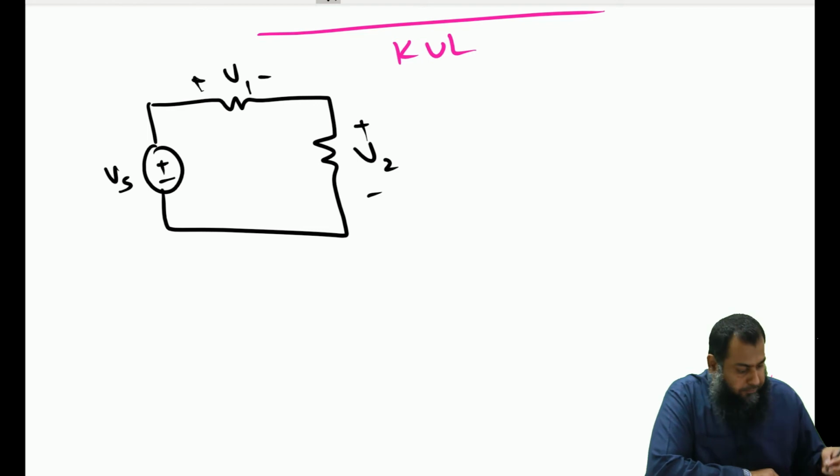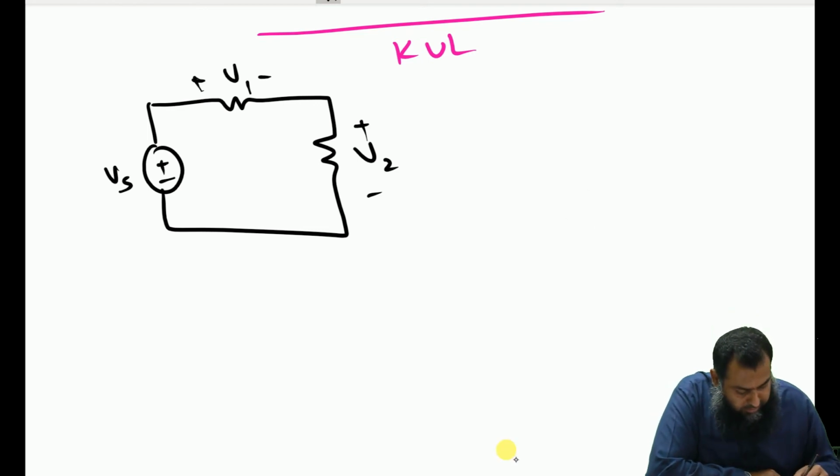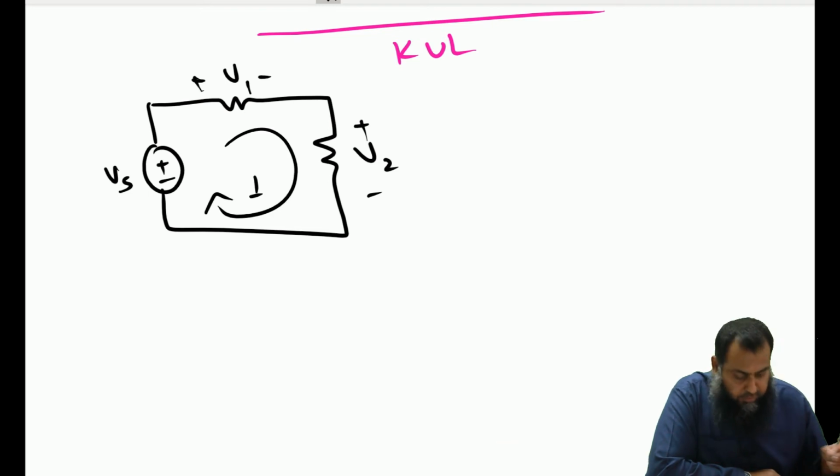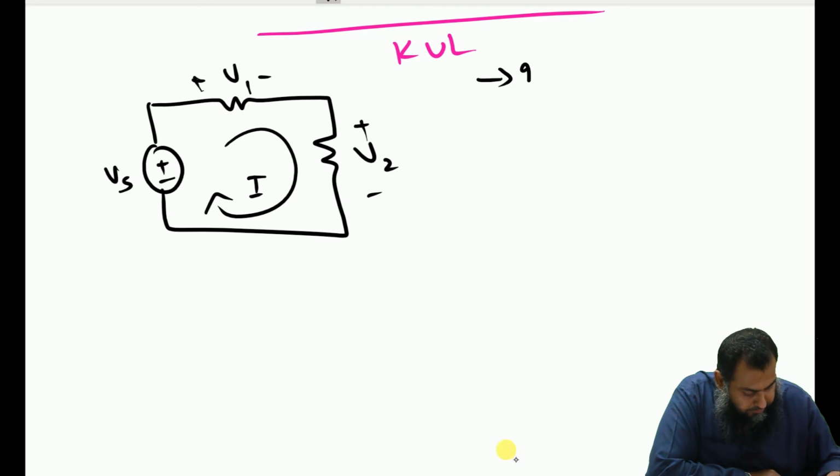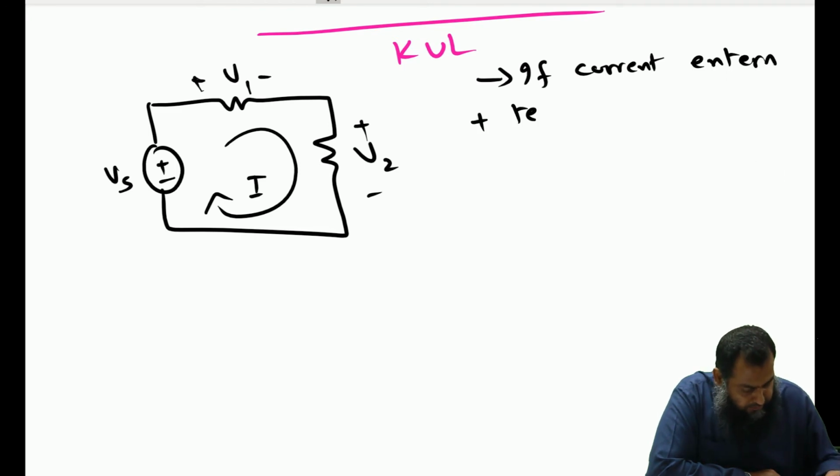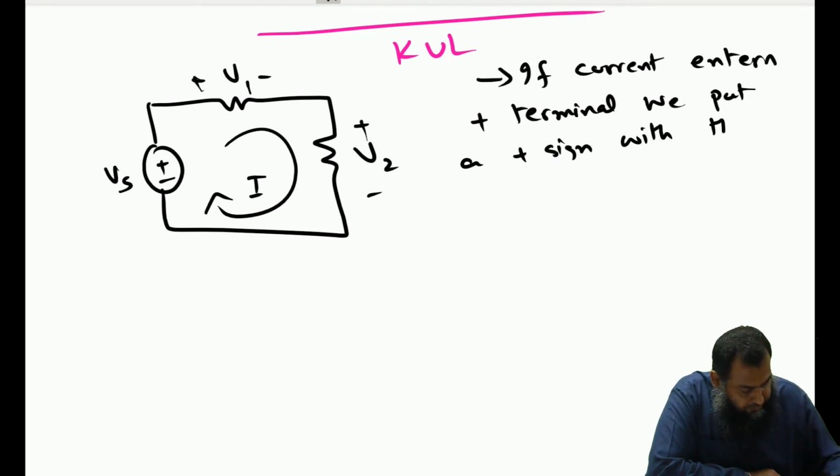As a convention, let us say that the current in this particular circuit is moving in a clockwise direction, and we call it I. If the current enters the positive terminal of any device, we put a plus sign with that voltage, and that is said to be a voltage drop.